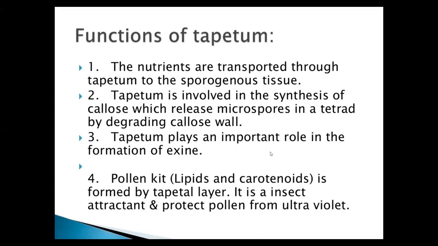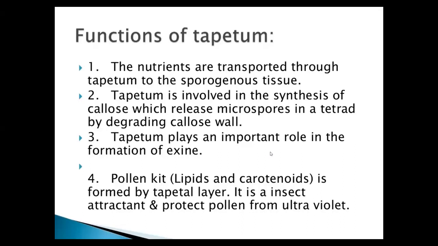And the pollenkitt, made of lipids and carotenoids, is formed by the tapetal layer. It is an insect attractant and it also protects pollen from ultraviolet rays. So not only the nutritive purpose, it is involved in the synthesis of callase.